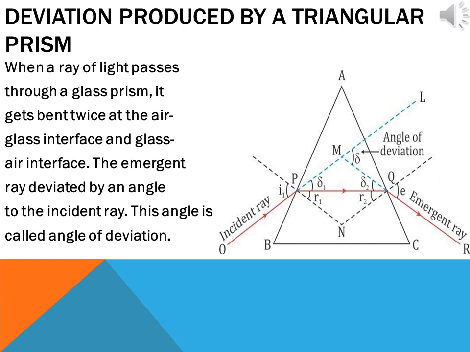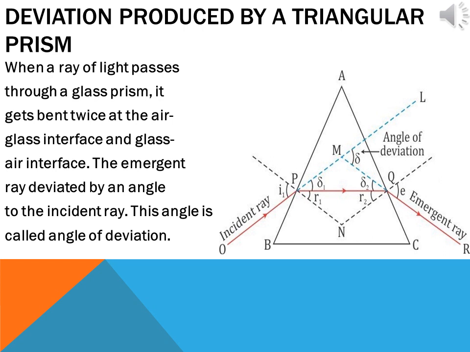On striking the second surface AC, the ray PQ gets further deviated, say by an angle delta 2, towards the base BC and travels straight as QR outside the prism.